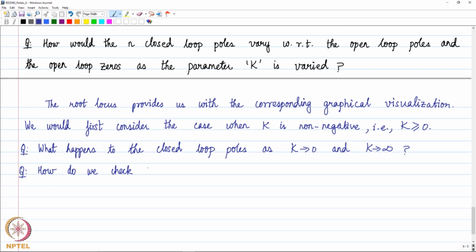Let me put it this way. How do we check if a root of a polynomial has a multiplicity greater than 1, meaning we have repeating roots?